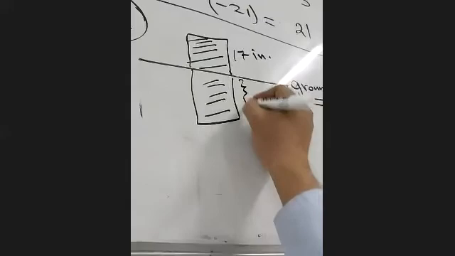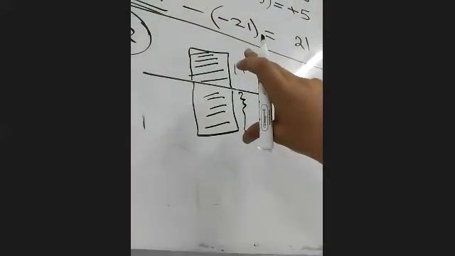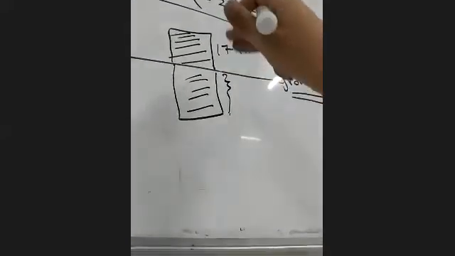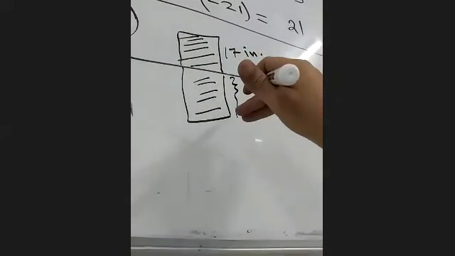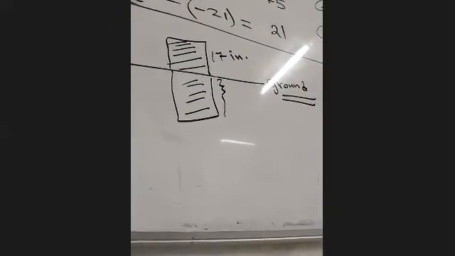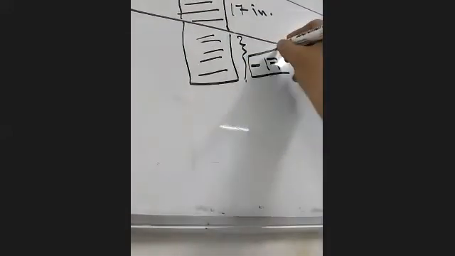What integer represents the depth of the moat? I want the integer that represents the depth of the moat. Because they have the same, but here up the ground, here above the ground, here below the ground. Remember yesterday, guys, above the sea level, below the sea level? If this is 17, down will be what? Negative 17.